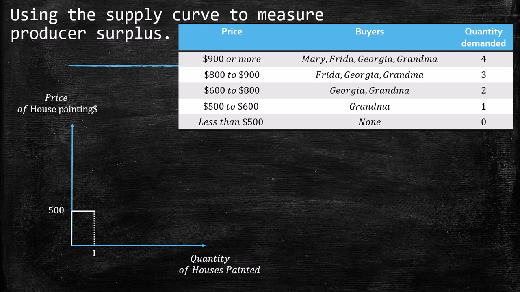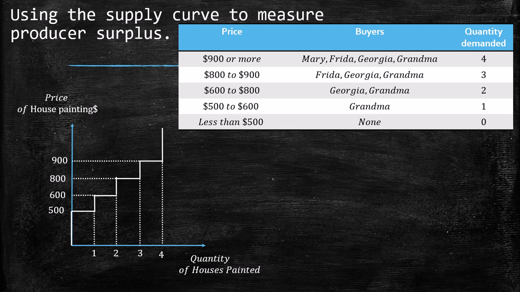When the price is from 500 to 600, the quantity is 1, from 600 to 800 it's going to be 2, from 800 to 900 it's going to be 3, and it's going to be 4 when the price is higher than 900.